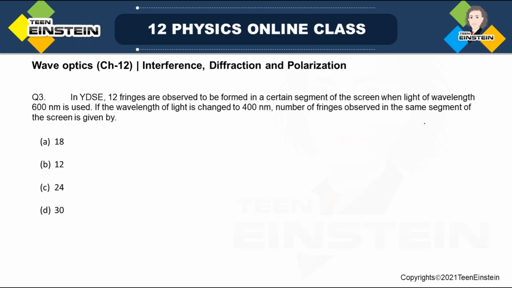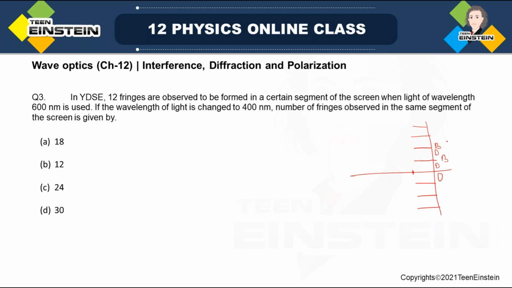Okay, generally in the screen, suppose this is 0, you can see both up and down there will be fringes, with equal intensity in case of interference, on both sides. So dark and bright, dark and bright, like that it goes.